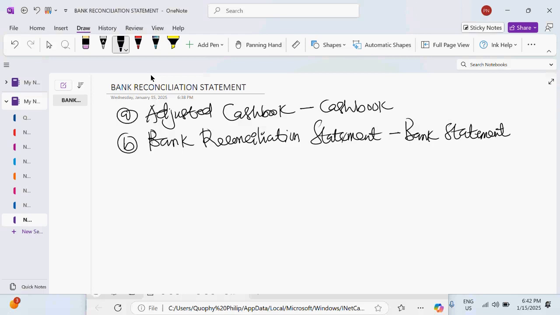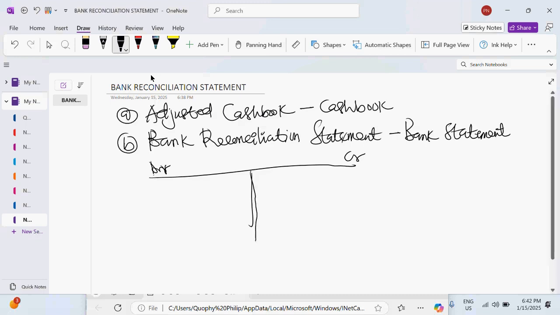So we are adjusting these two accounts, right? And I believe we already know our cash book format as the debit side and then the credit side. We know that the cash book is an asset because it is made up of cash and bank transactions, so it increases at the debit side and decreases at the credit side.